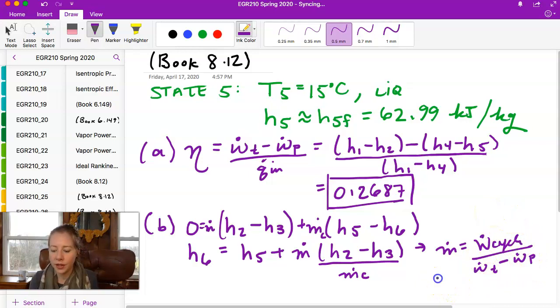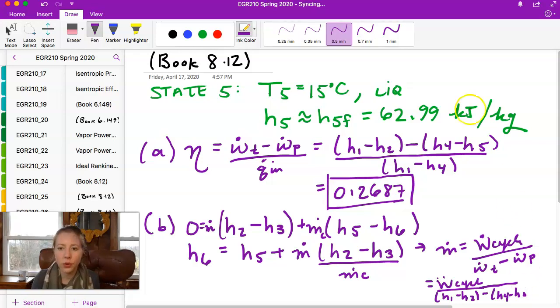And so it's going to equal W dot cycle over H1 minus H2 minus H4 minus H3.